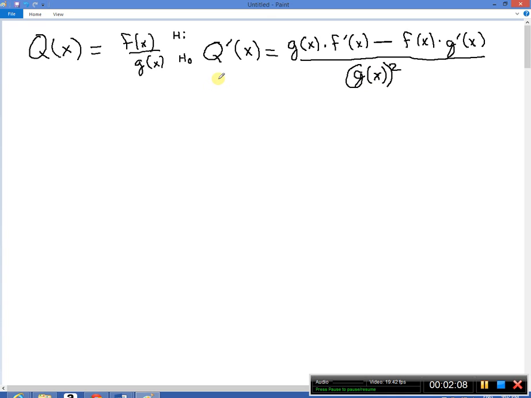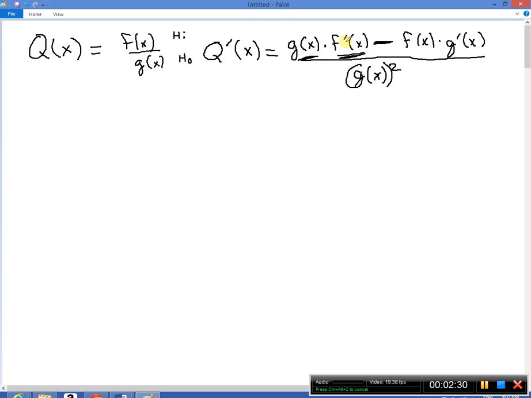And if that helps you, then fine, do it. But to me, it's much easier to think about what's going on if I remember to start with the denominator and then multiply by the derivative of the numerator and then subtract, it's minus, the numerator times the derivative of the denominator, and then the whole thing is divided by the denominator squared.